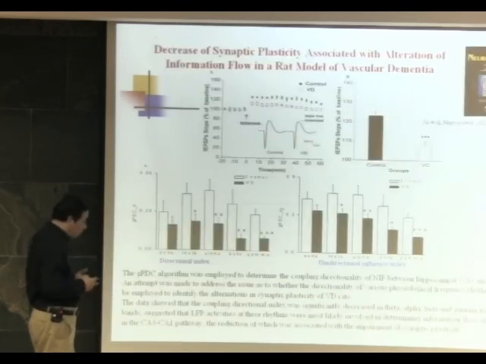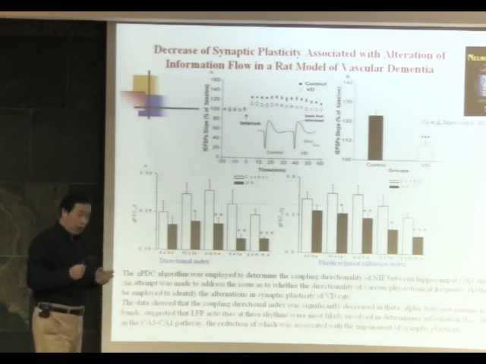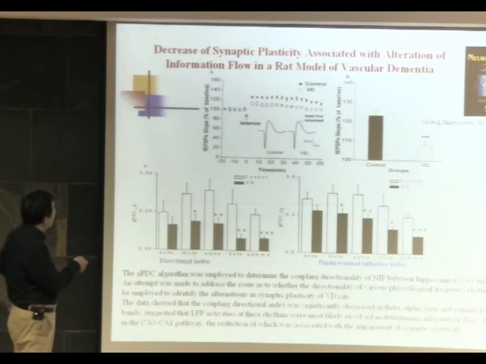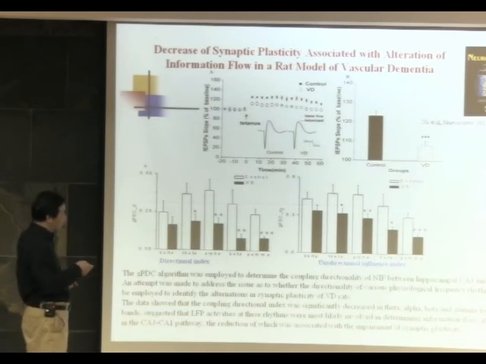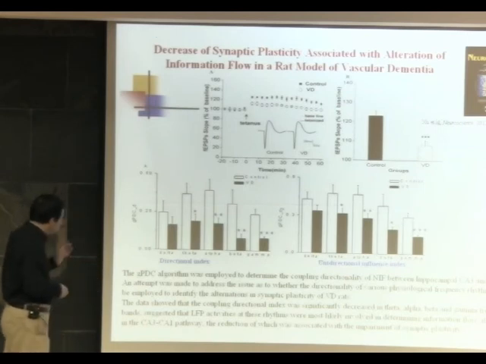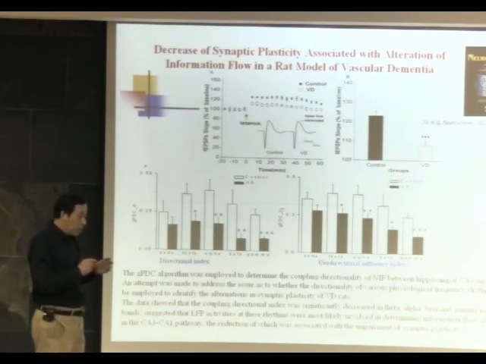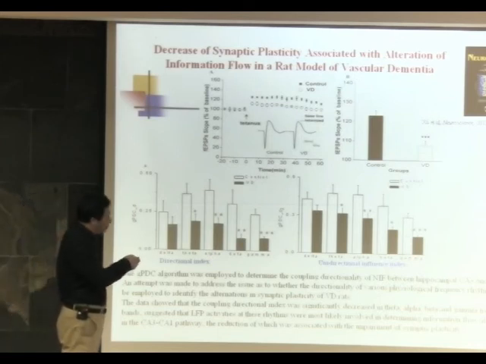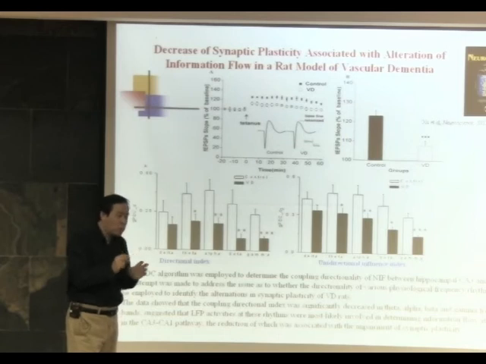And before, we tested the depression model. Now we talk about the vascular dementia model. It is similar work in the vascular dementia model, but we changed the algorithm, because in this study we found that the coupling strength between the two systems is not weak.